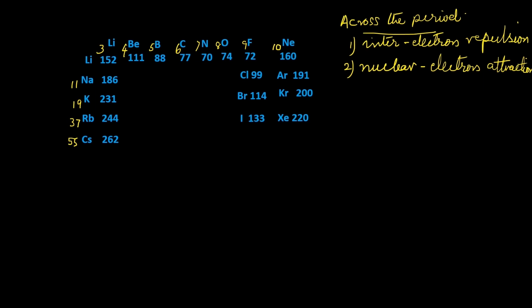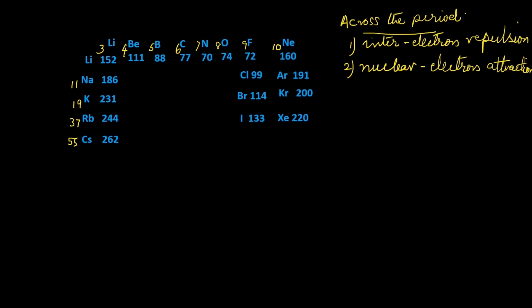The mass of a proton is equal to 1 u, whereas the mass of an electron is negligible. Therefore, as we move from left to right along the period, the attractive force of the nucleus on the electron will be more than the repulsive force among the electrons. This is what happens up to nitrogen.